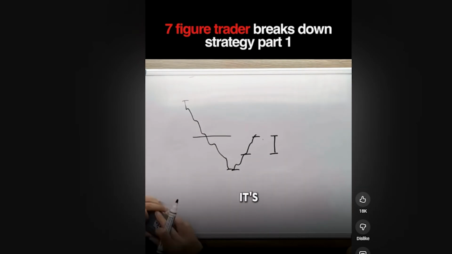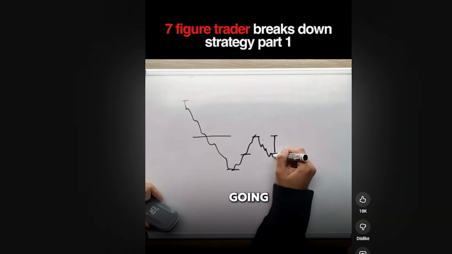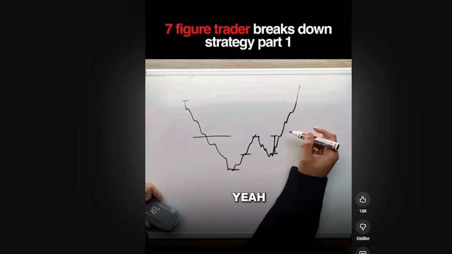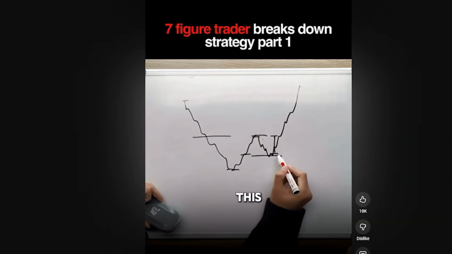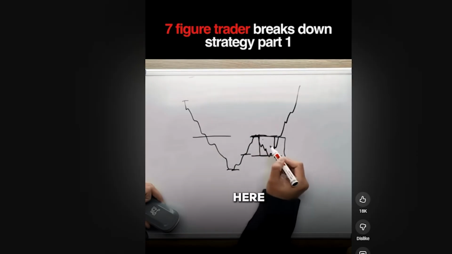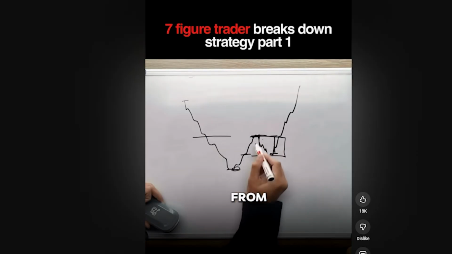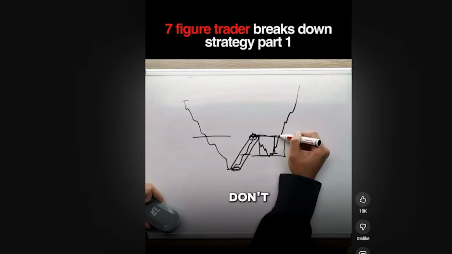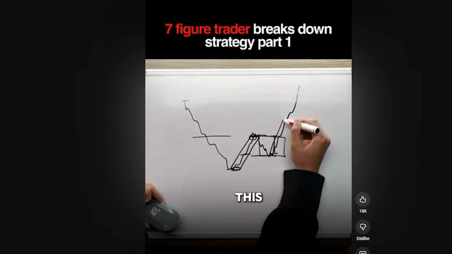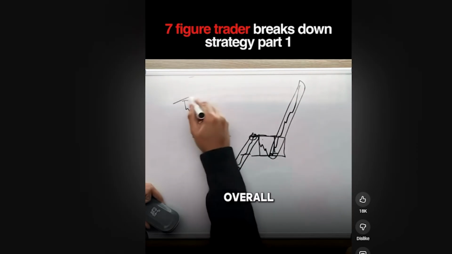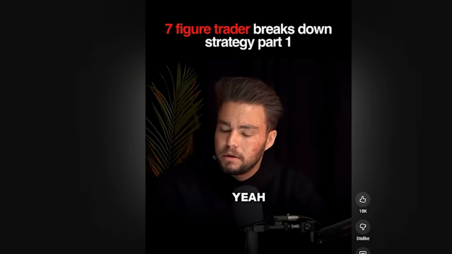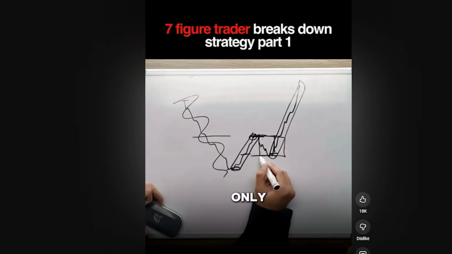If it's not, it's most likely going to reverse from here. So all I need is this move right here. I don't need to trade from here to here because this is a risky move. And I don't need to try and grab this because this is fighting the overall downtrend that we're currently in. So I only need to do that.